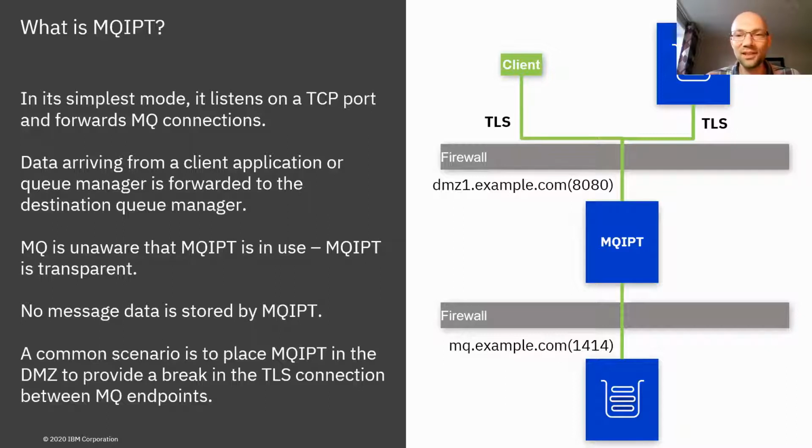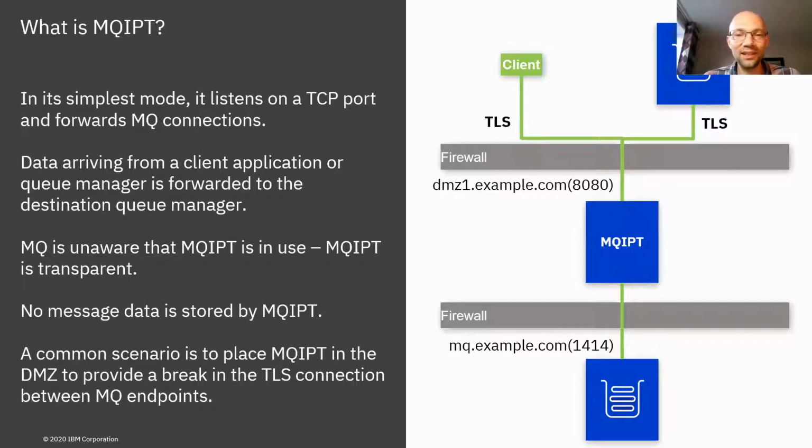Of course, you can do more complicated things with IPT, and this is where it starts to add a bit more value. For example, it can accept a TLS connection that's coming in from a client or a queue manager, and it can unwrap TLS from that connection. This is one use case that people do actually use it for.